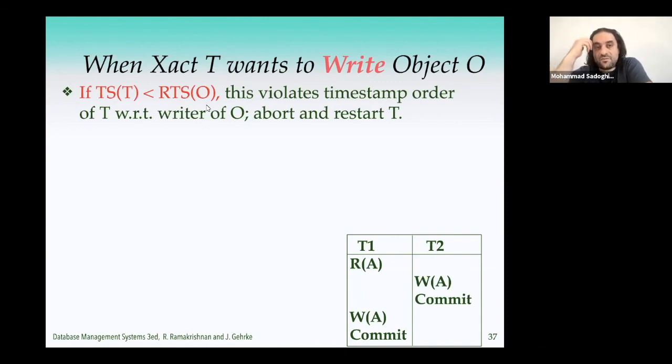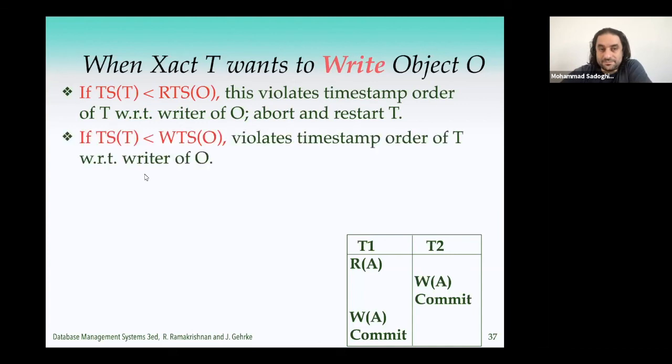That means we are going to invalidate that read, and we're also going to invalidate the repeatability. So if an object has already been read by a newer transaction, an older transaction cannot override it. So that write will be aborted and rejected.